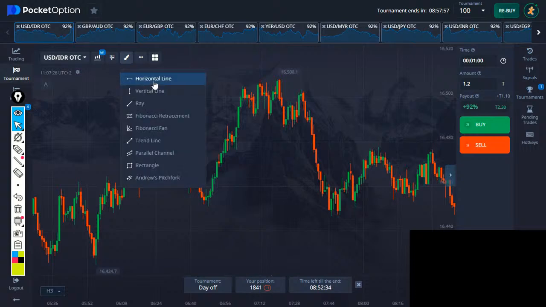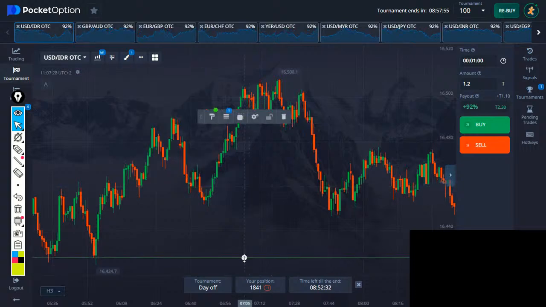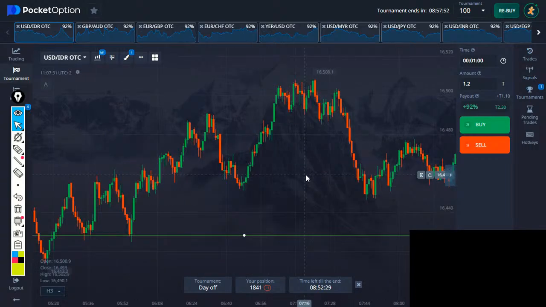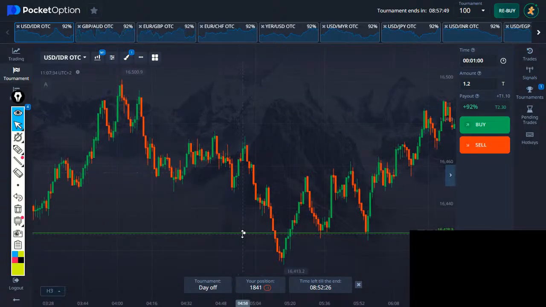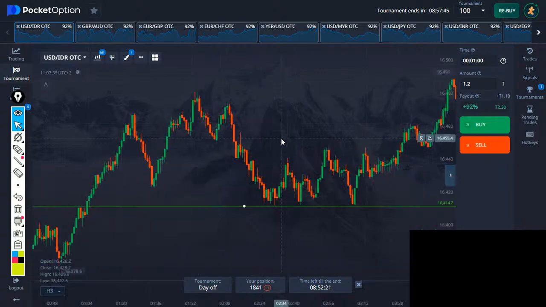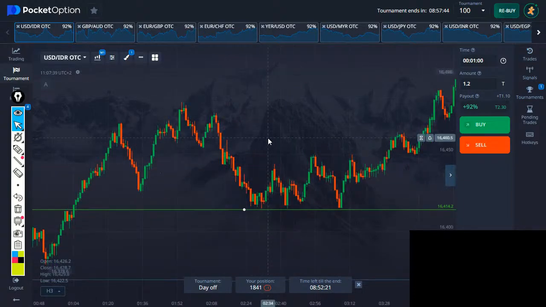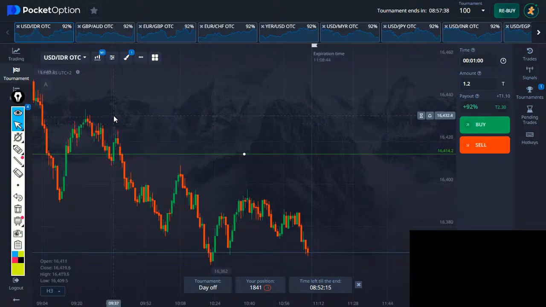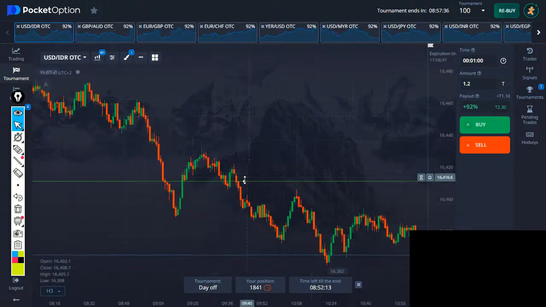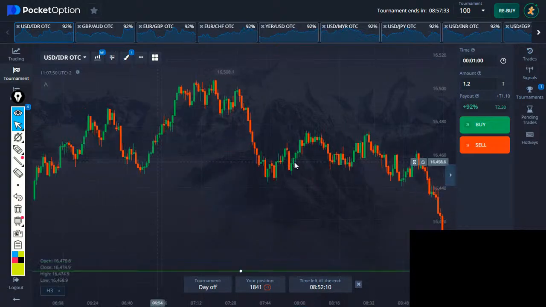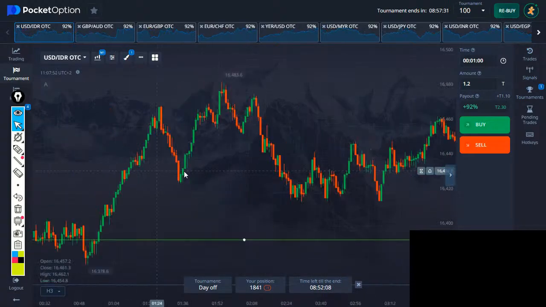Let me mark the zone. Nope, need something further down below. This is a nice support area. Let me see. We have something better over here.